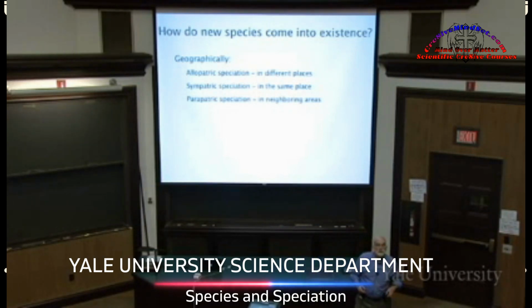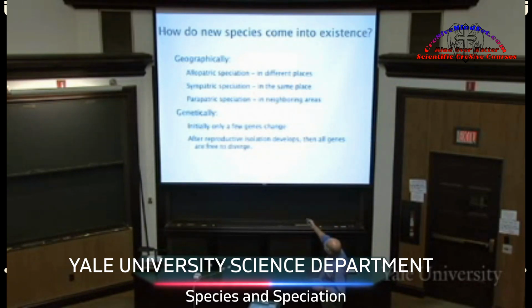Gulick, who worked on the speciation of snails in Hawaii and Polynesia, emphasized allopatric speciation. Sympatric and parapatric speciation are things that came in the 60s and 70s. Allopatric means different places. Sympatric, same place. Parapatric, next to each other.